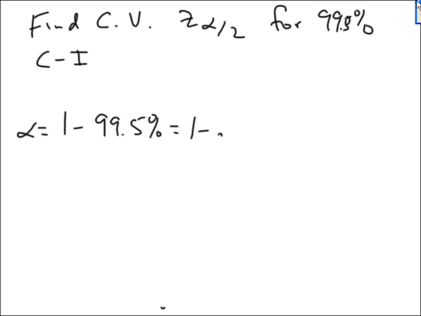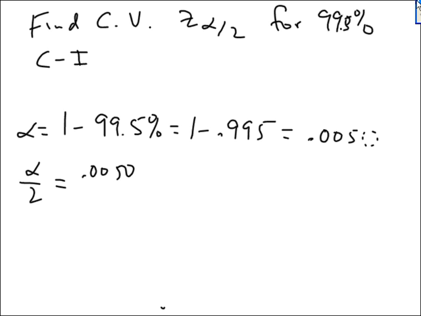That is 1 minus 0.995, which is going to be 0.005. I like to put another 0. So alpha divided by 2 would be 0.0050 over 2. And we're going to get those two zeros, and half of 50, 50 divided by 2 is 25.